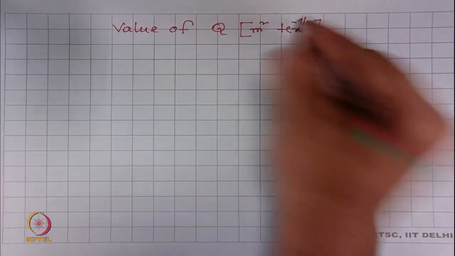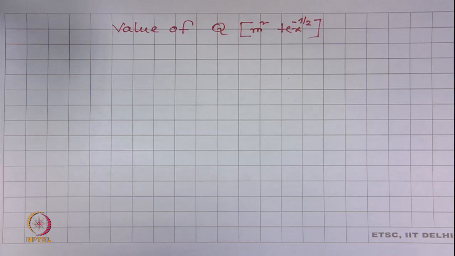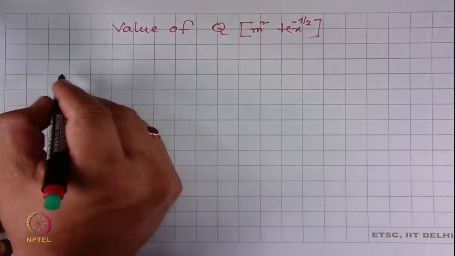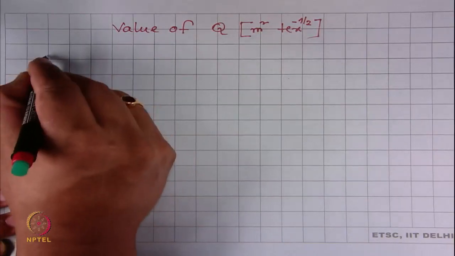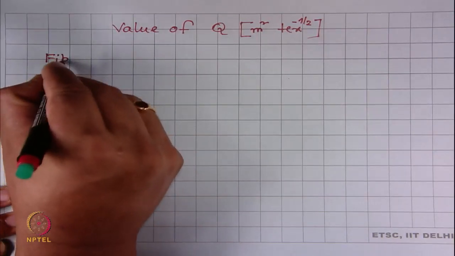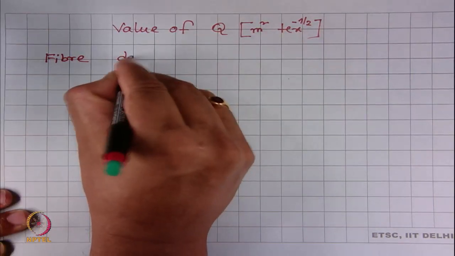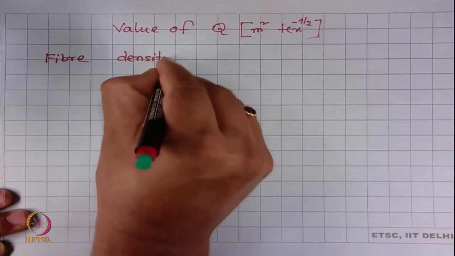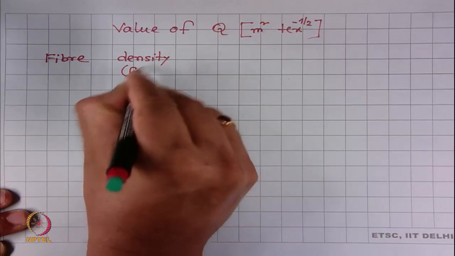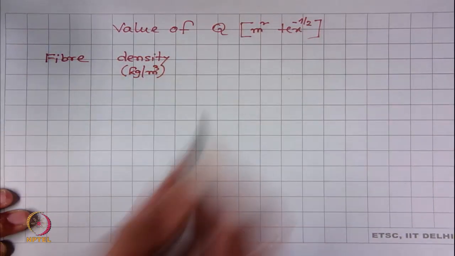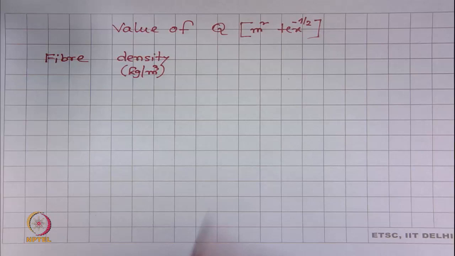This is the unit of Q. Okay. Now, say fiber, and then we will talk about the density of fiber. Density of fiber we will talk about in this unit, and then spinning technology.